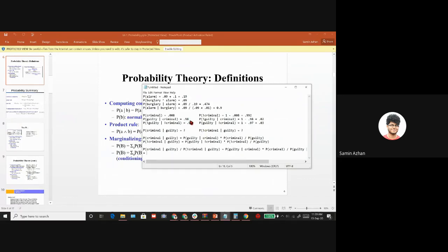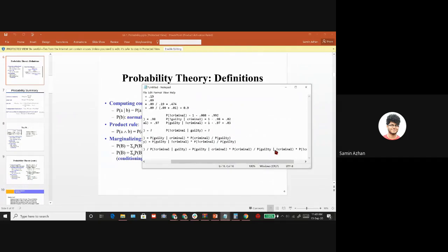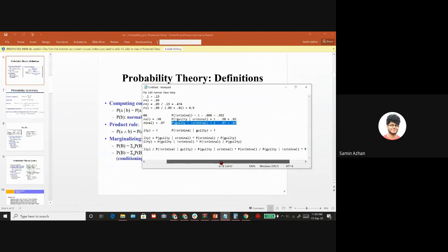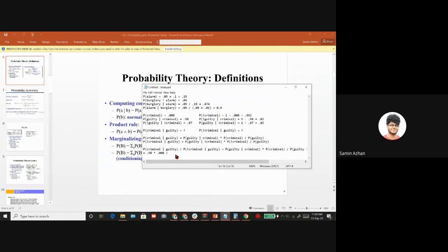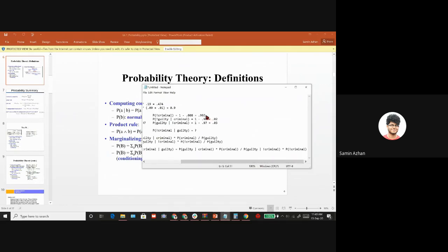The probability of guilty given criminal is 0.98, times the probability of criminal, that's 0.008, divided by the probability of guilty given not criminal, which is this value right here, 0.03, times the probability of not criminal, which is 0.992.